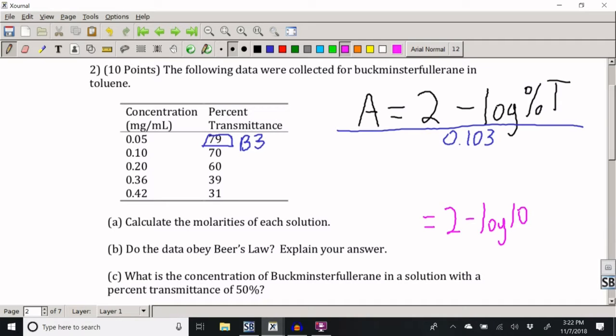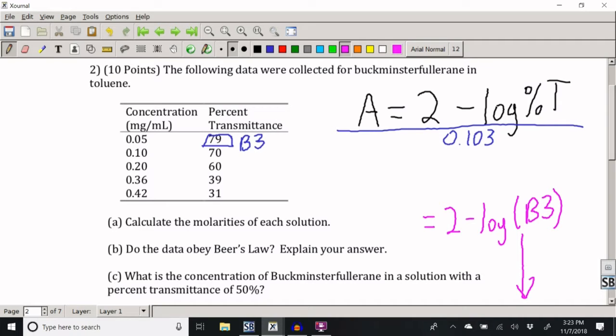Don't forget that 10, because in some of these programs, if you just use log, it's natural log. But I think you're right. I think in Excel it works fine. And I think natural log is actually ln. Open parentheses, B3.